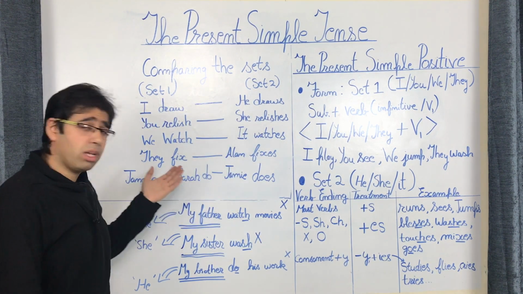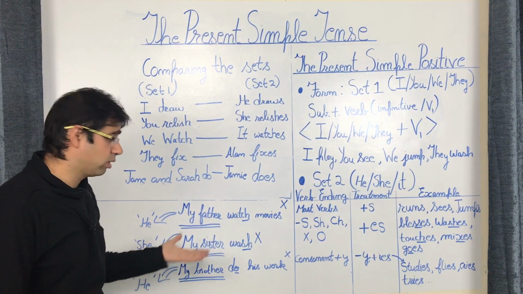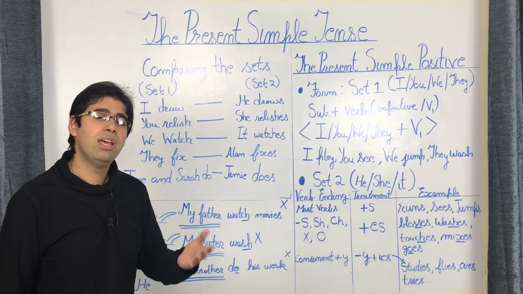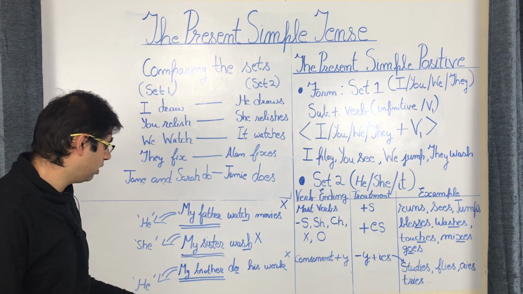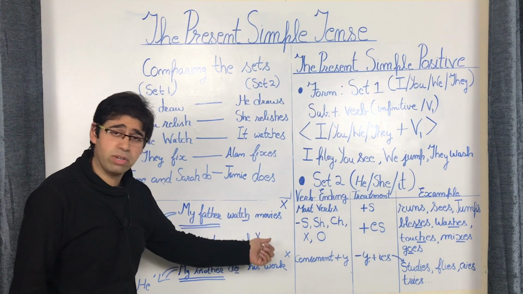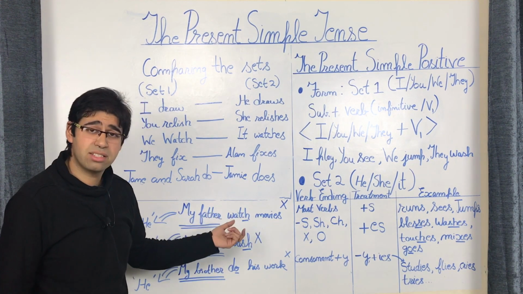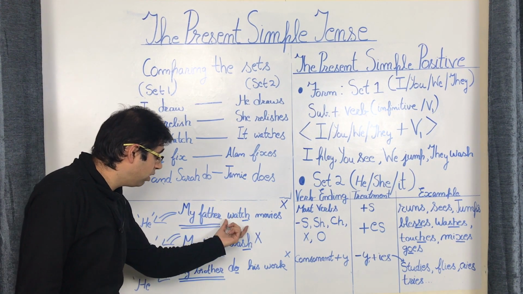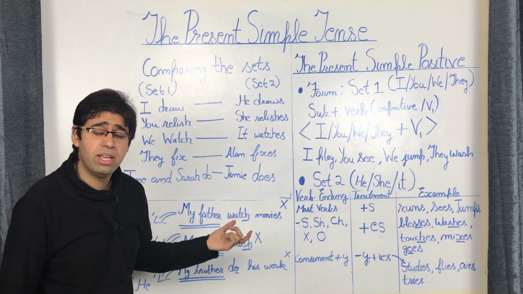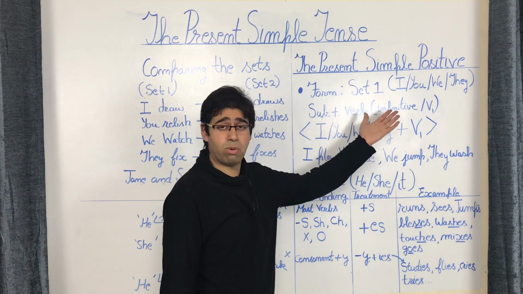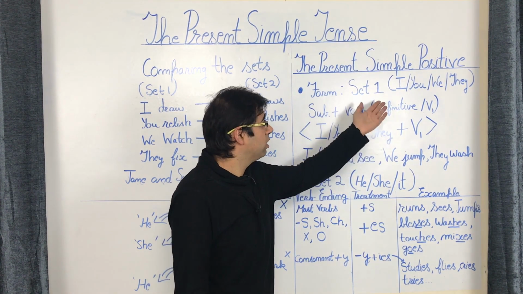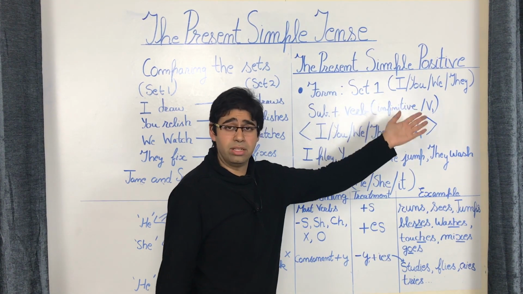And now, before proceeding ahead, a quick note on the subject-verb disagreement with reference to set 2 as well. You've got some wrong sentences over here. My father watch movies. Now, why is this incorrect? Because watch, the verb, is in its infinitive form. And the infinitive form, as we've already discussed, only works for set 1, where you've got the subject equivalent to I, you, we, they itself.